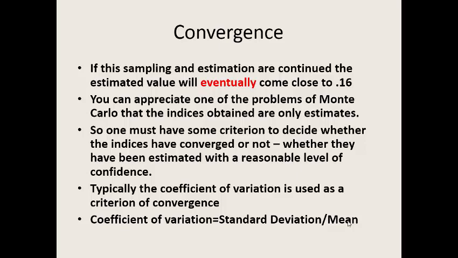So after a certain number of samples, you compute the standard deviation and the mean value and find out the coefficient of variation. And if the coefficient of variation is below the specified value, then you stop the simulation. This is the most commonly used criterion for convergence.